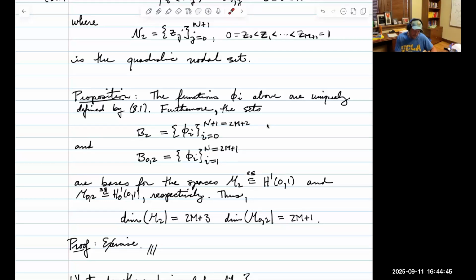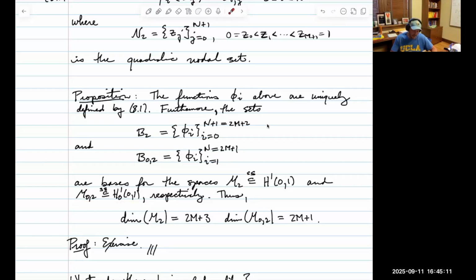And again, n was 2m plus 1 by definition. So these, I claim, are bases for the respective spaces M2, which is a finite dimensional vector subspace of H1, and M02, which is a finite dimensional vector subspace of H01, respectively.